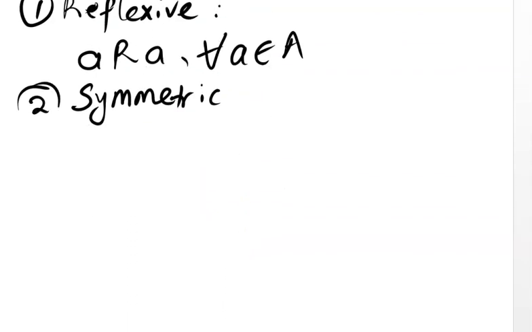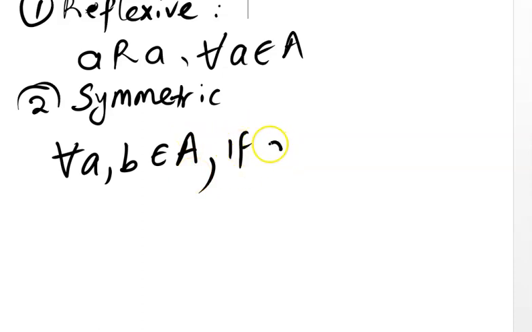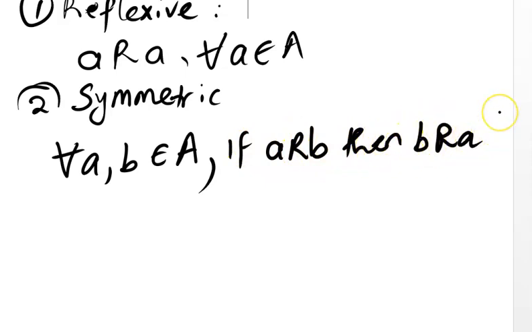When a relation is symmetric, it means that for all a, b belonging to the set, and a relation R, if a relates to b, then b relates to a. Very important. This is what we assume. This a relates b is the ingredient that I will use to prove that b relates a.